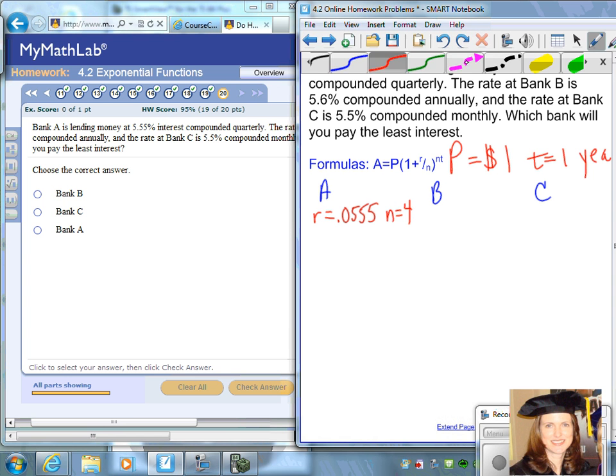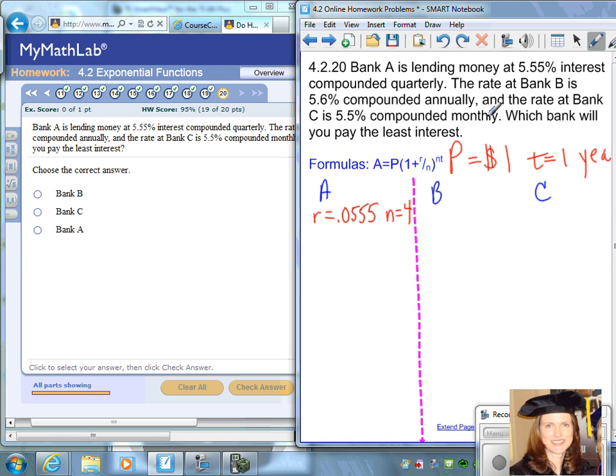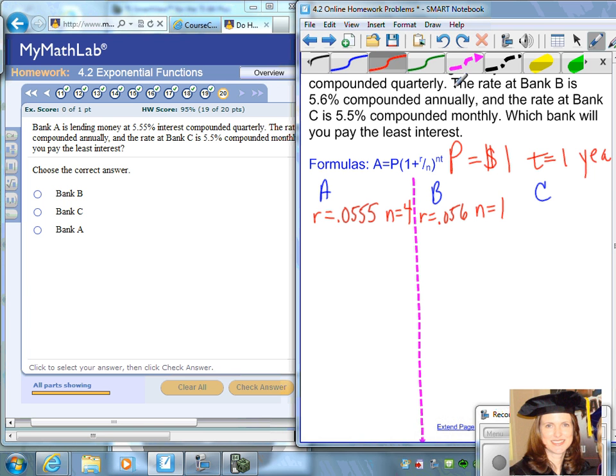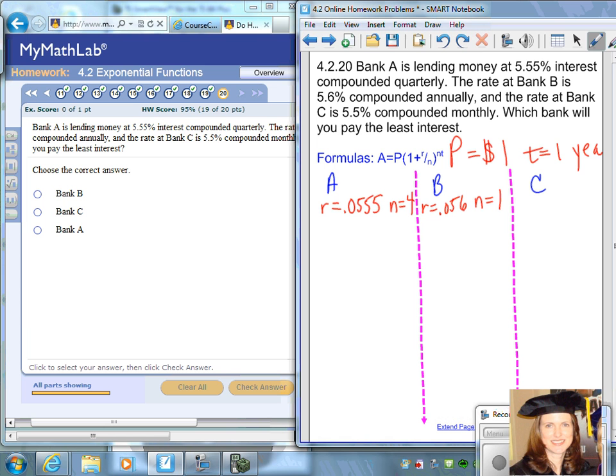That's our Bank A. Now let's break this down. Bank B is 5.6%, so R is equal to 0.056, and it's compounded annually, so n is going to equal 1. Now let's compare that to Bank C, where the rate is 5.5%, 0.055, compounded monthly, so n is going to equal 12.